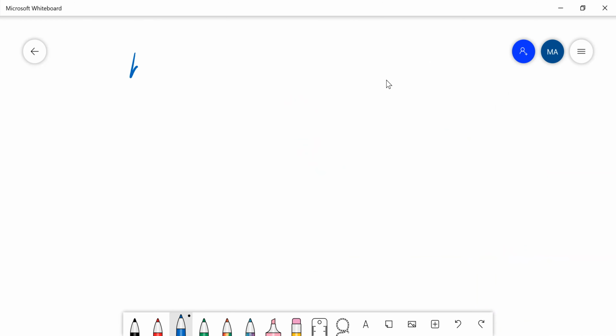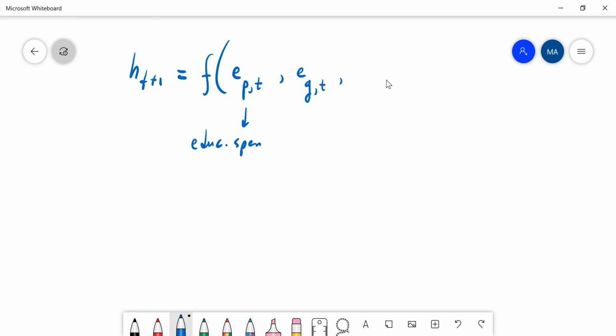In the production function approach, you can now write education spending by parents, education spending by the government. Okay, so this is education spending by parents. This is education spending by the government.